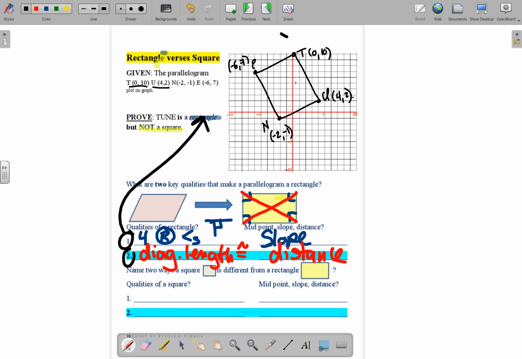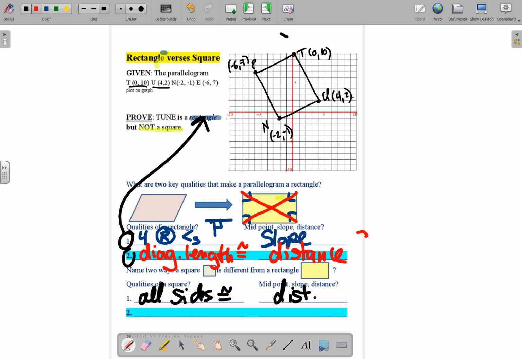But I have to show it's not a square. So you ask yourself, what are the 2 ways that a square is different? Qualities of a square that are distinct from a rectangle: the fact that all the sides are congruent. If I wanted to show that, that is a distance concept.